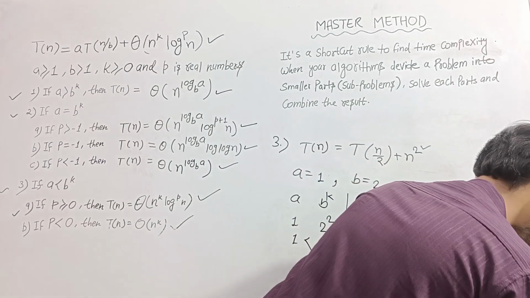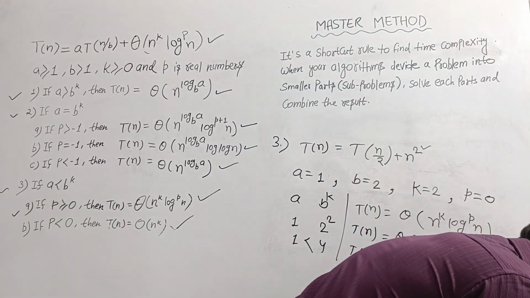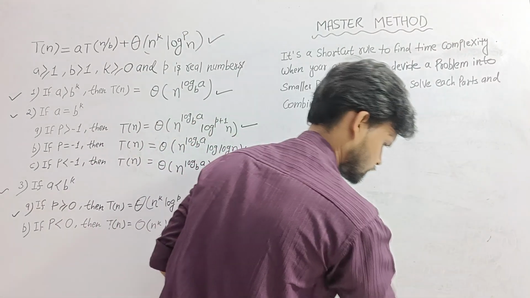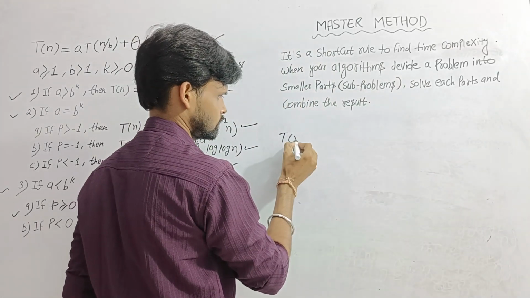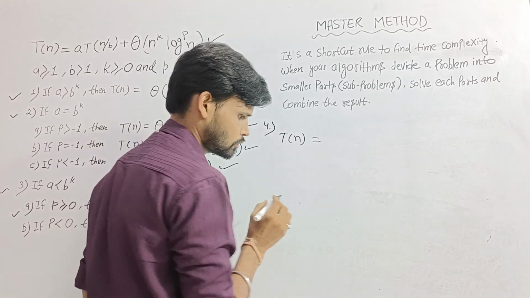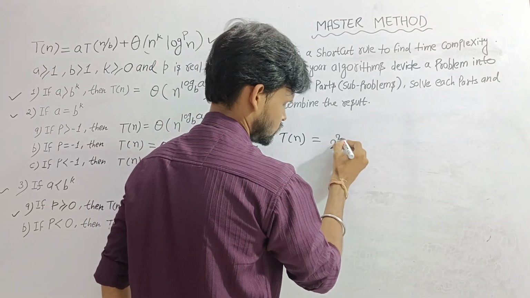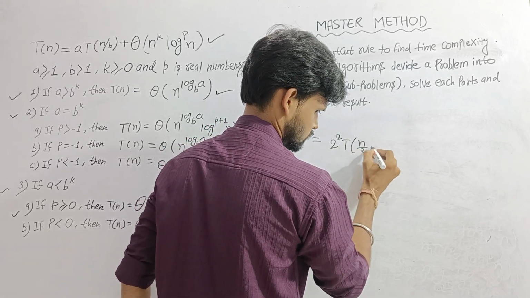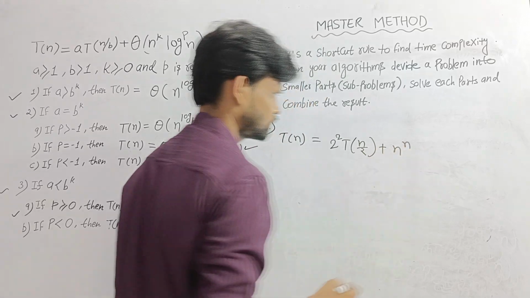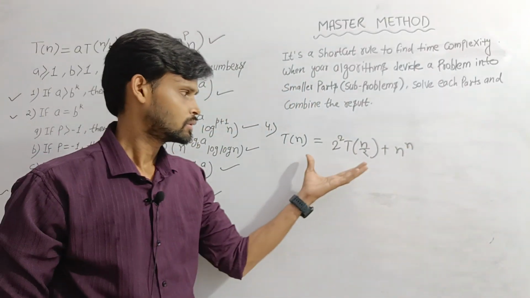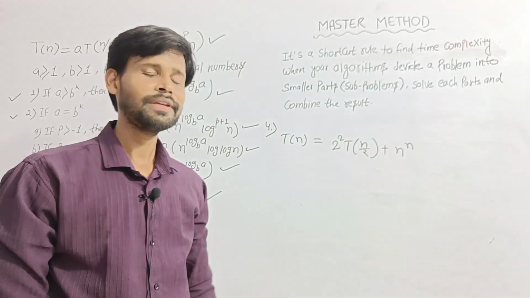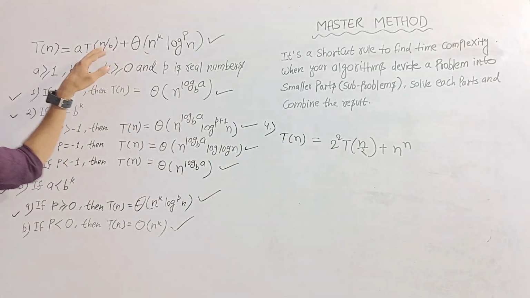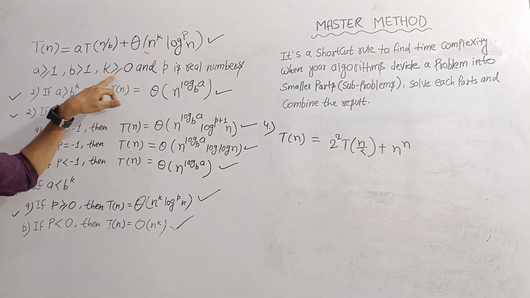Another problem, problem number 4. In this problem we cannot apply the master method directly, because you can see this is not in the required format, where k is greater than or equal to 0.